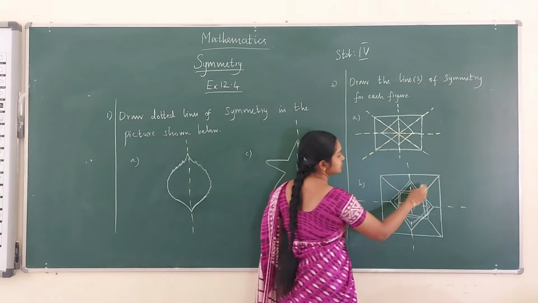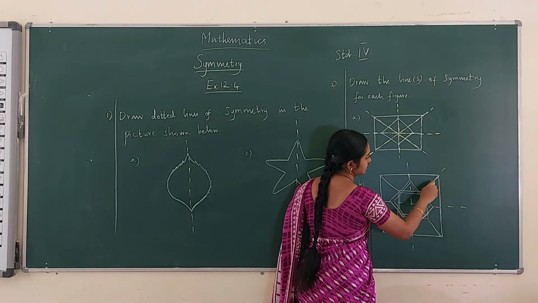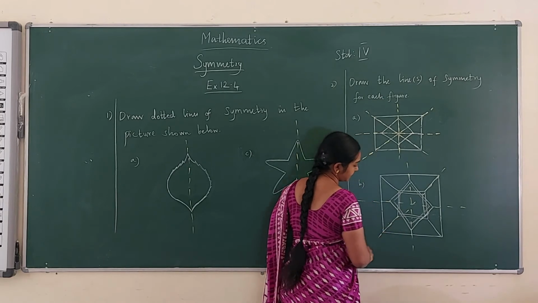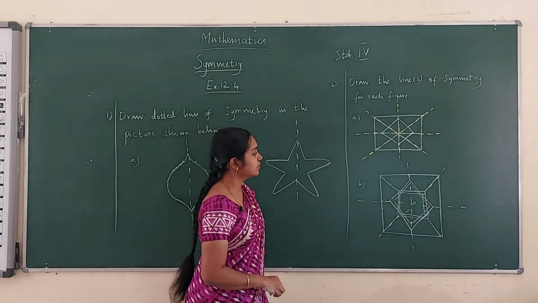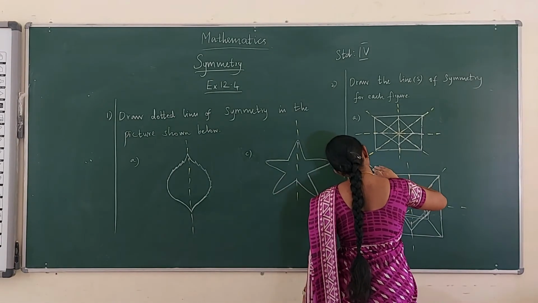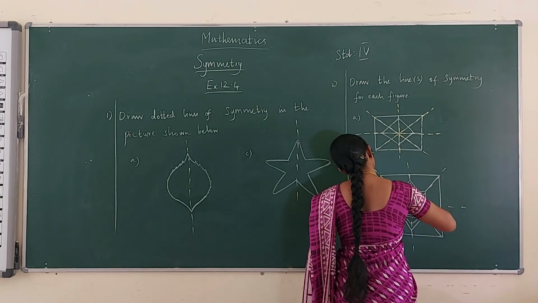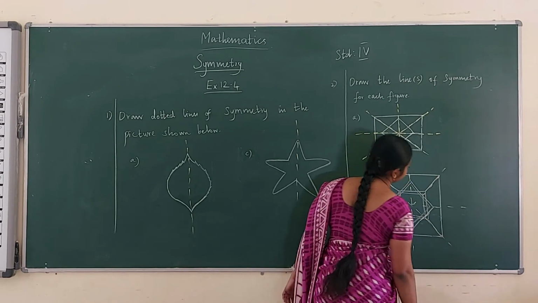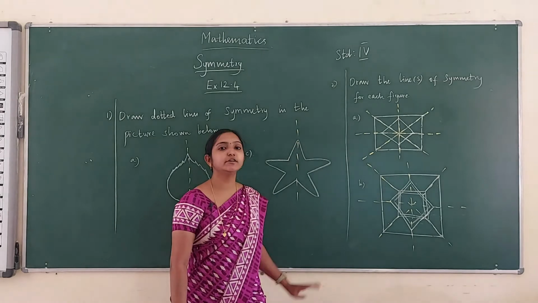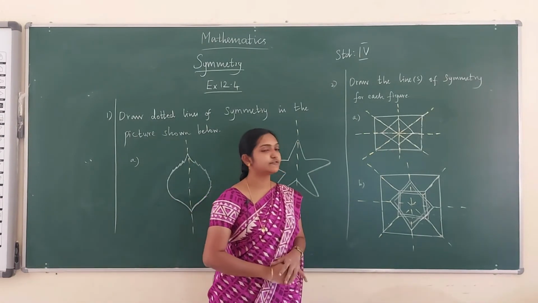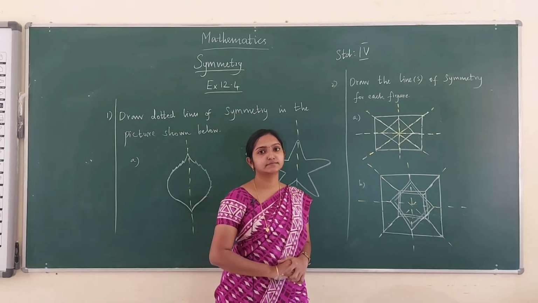Next we have to divide diagonally. If we divide diagonally also, both the sides will look the same. In this diagonal now. Here also we are having 4 lines of symmetry. So we have drawn the lines of symmetry for the given figures.